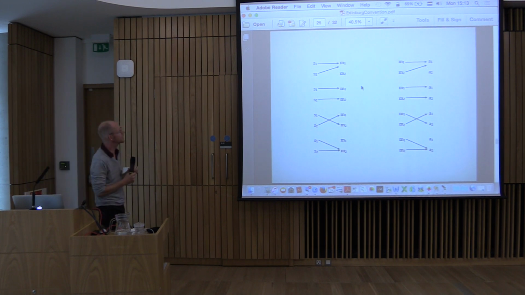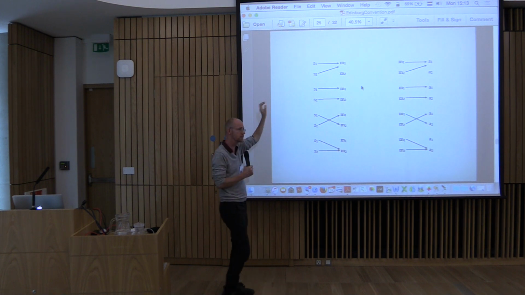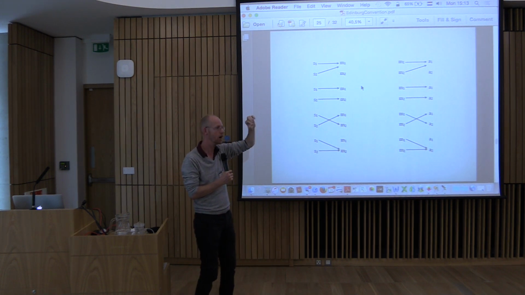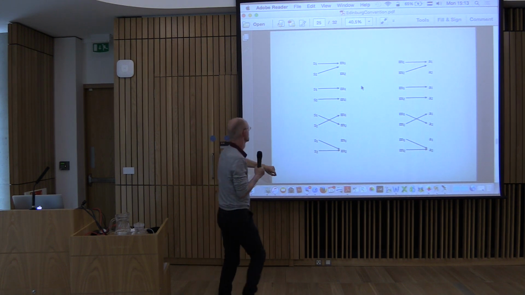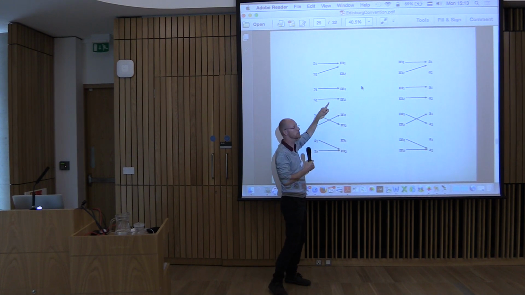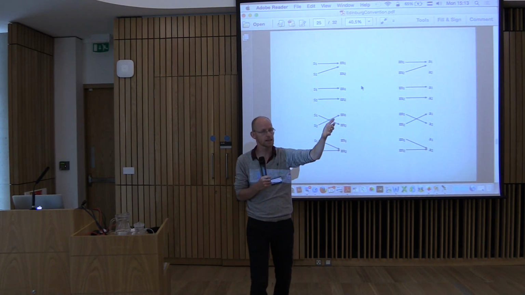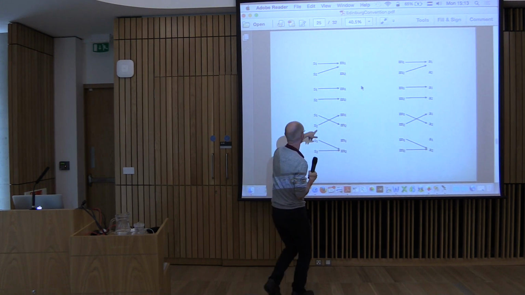So here are the actions of the sender. He can say, independent of which situation I am in, I always choose message M1, boo. I always say boo. Or always say ba. Or, depending on which situation I am in, I say boo or ba, right? Or the other way around.